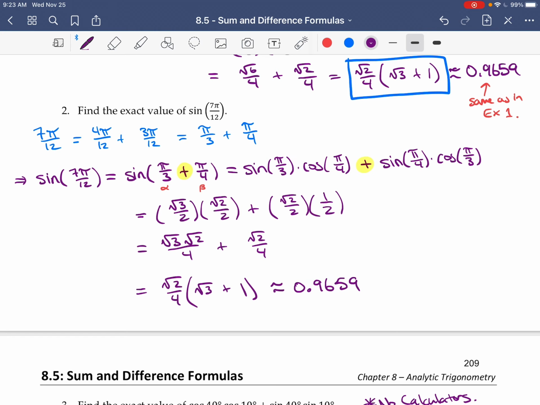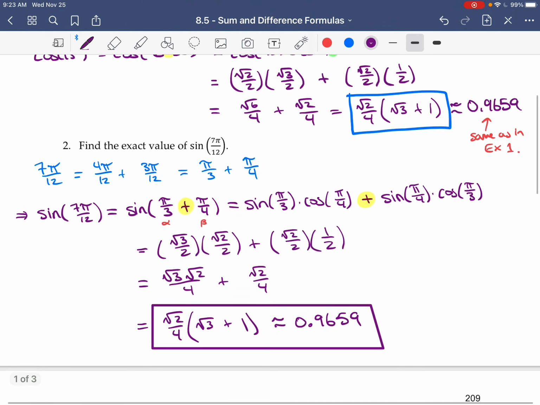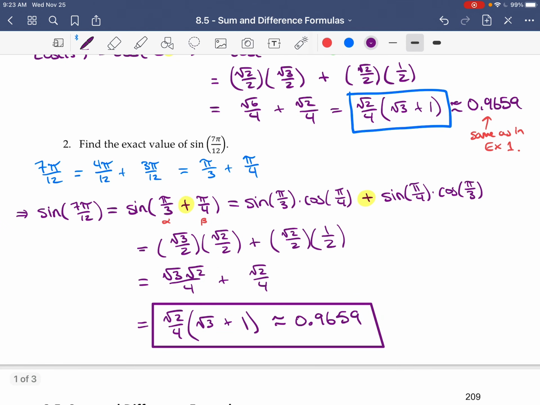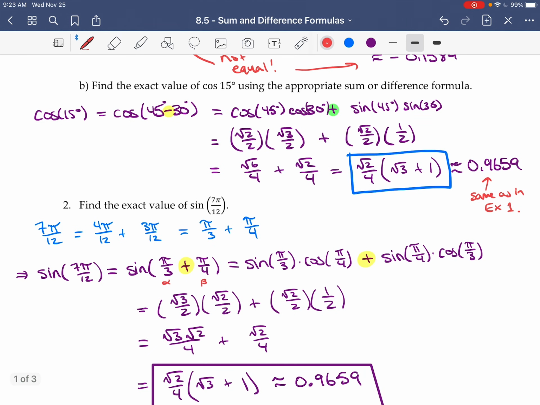Which is approximately 0.9659, which happens to be the same as what we found for cosine of 15 degrees. That's not weird, since the sine and cosine values are often different depending on the angle. So 15 degrees is pi by 12.